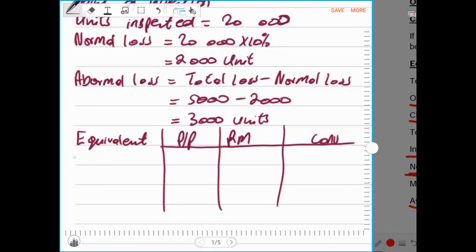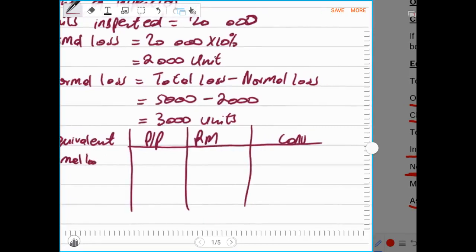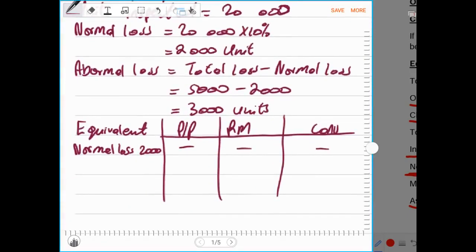Our normal loss will be recognized only as an amount of 2,000. Our normal loss will not be recorded in any previous process, raw material, or conversion cost.